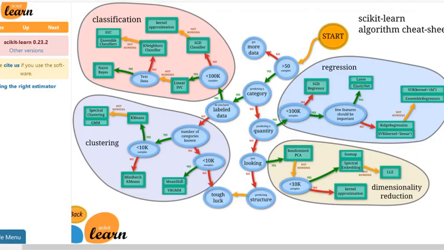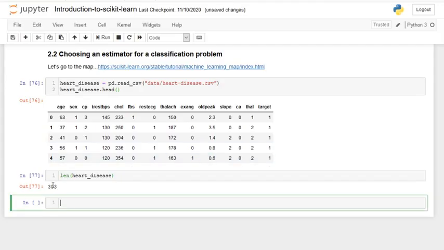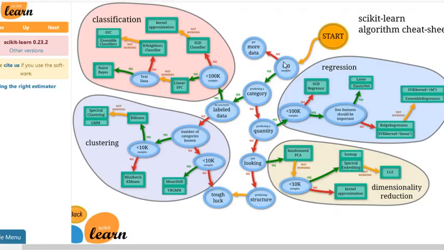Now we go to the map, and obviously we start at the start button. This is a reminder of how to find your model. Have we got over 50 samples? Yep, the length is 303, which is way more than 50. If you didn't, you'd have to get more data.